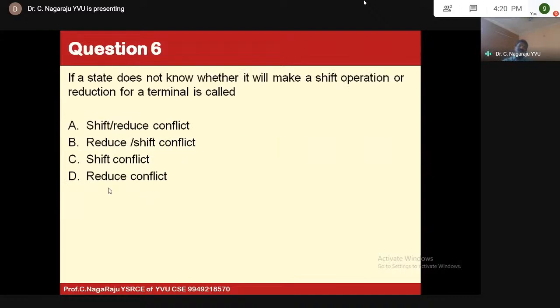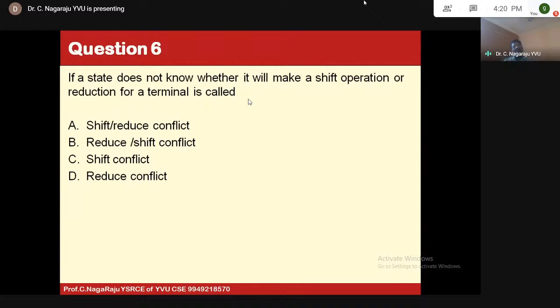Next, the sixth question. If a state does not know whether it will make a shift operation or a reduce operation for a terminal, it is called what?